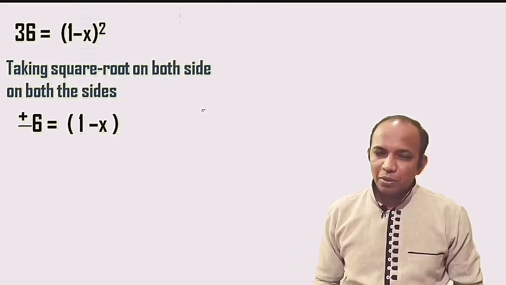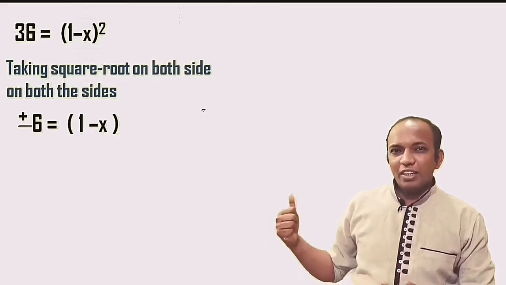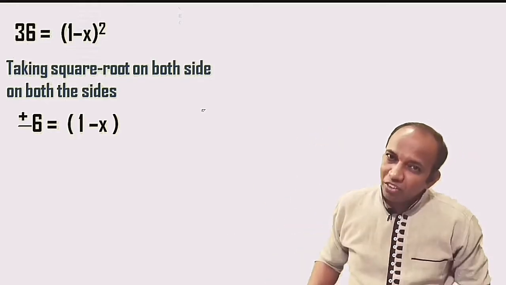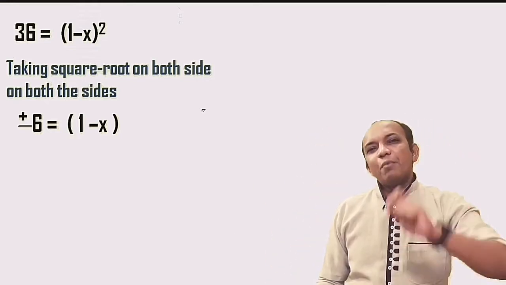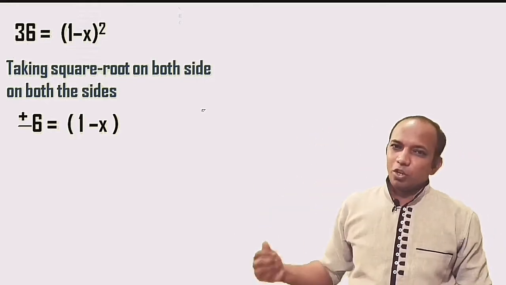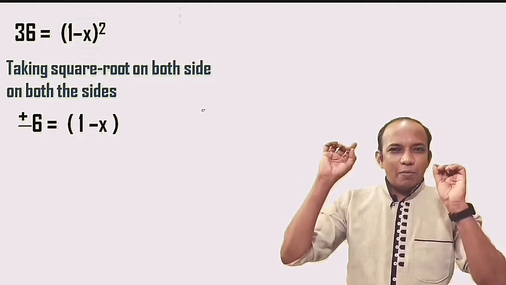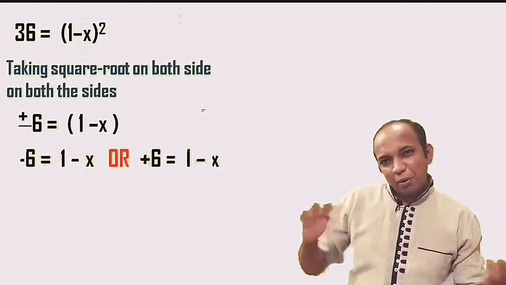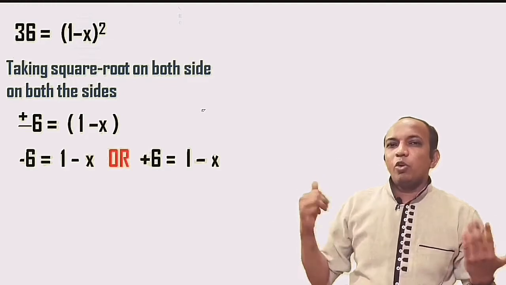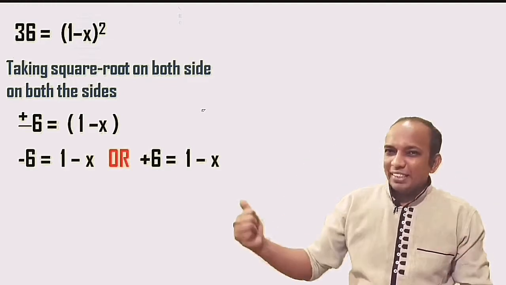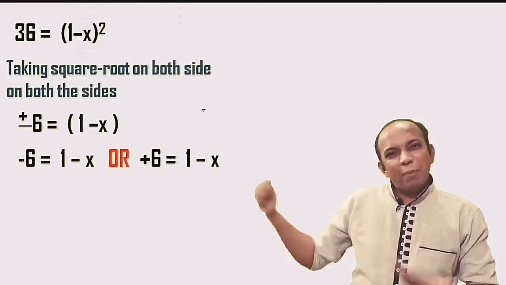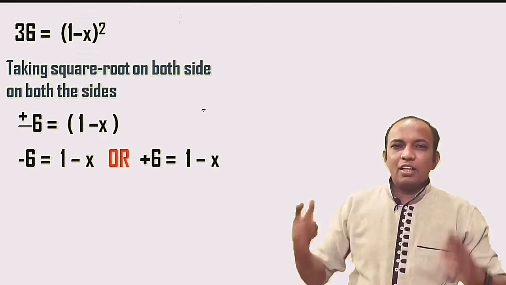After squaring it, we get the positive number, right? So 36 is in positive, it's a square. The moment we find the square root of it, we have to give plus and minus both the sign for that 6. Okay. After this, what we can do, we can split that 6 for plus sign and minus sign. What do we get? Minus 6 equals to 1 minus x, or plus 6 equals to 1 minus x.